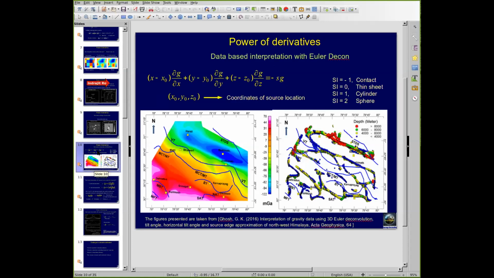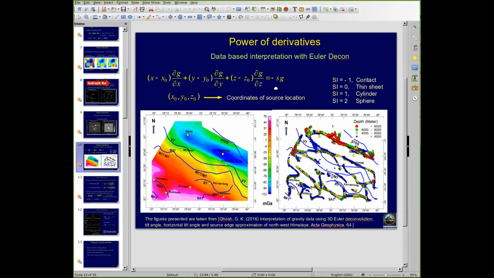We are using Euler deconvolution, where this is the 3D Euler deconvolution equation, and note that x0, y0, z0 are the location of the center of the body. ∂G/∂x, ∂G/∂y, ∂G/∂z are the 3 components of the gradient, and S is the structural index.